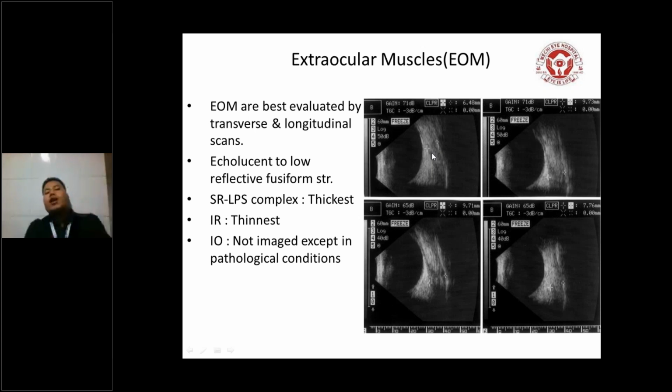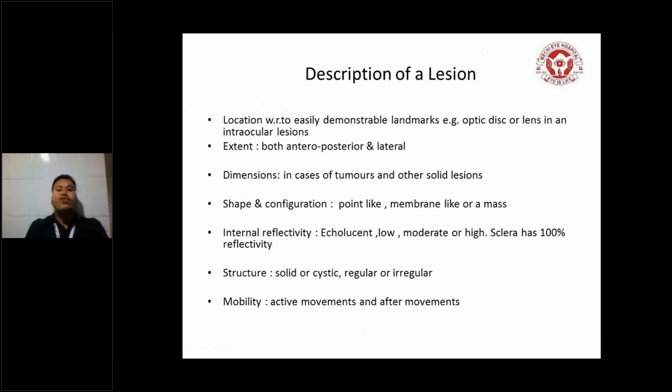So to describe lesions, there are certain things that should be kept in mind. That is location, extension, dimension, shape and configuration, internal reflectivity, structure, and mobility. Location is with respect to an easily demonstrable landmark. Suppose a lesion is there, so we have to locate where the lesion is.